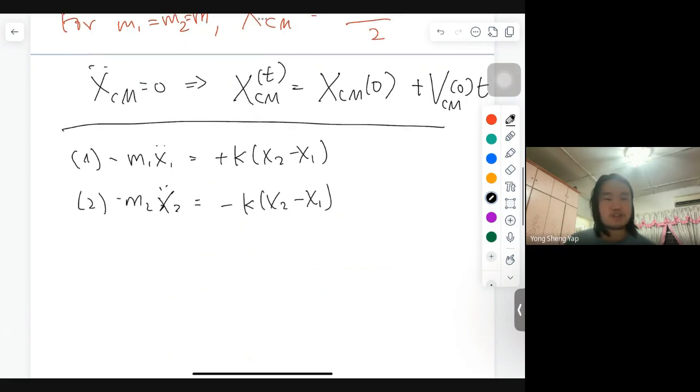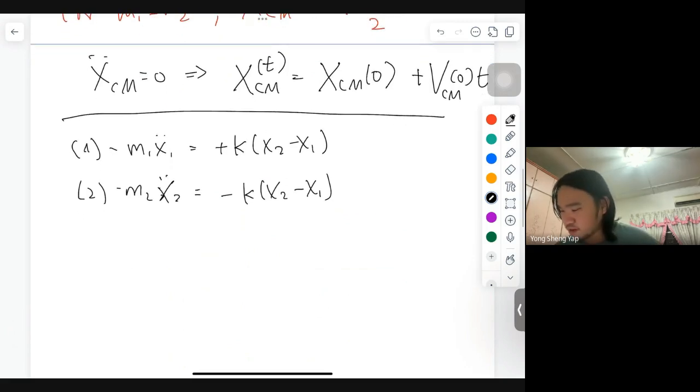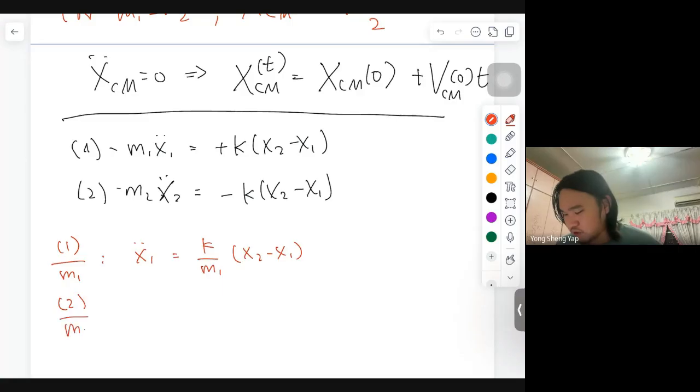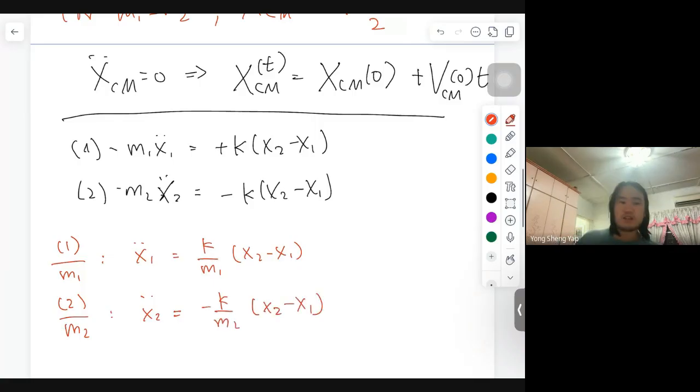One trick we can do is to divide the first equation by m1. This gives you x1 double dot equals k over m1 times (x2 minus x1), and dividing the second equation by m2 gives you x2 acceleration equals negative k over m2 times (x2 minus x1).